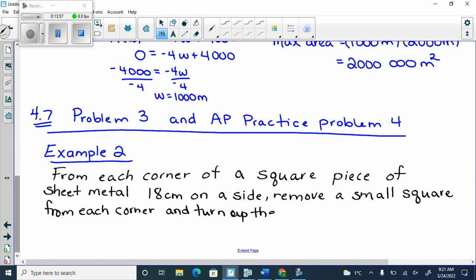We did questions like this in 3-1 to form an open box. What are the dimensions of the box with the largest volume? This time it wants the dimensions.